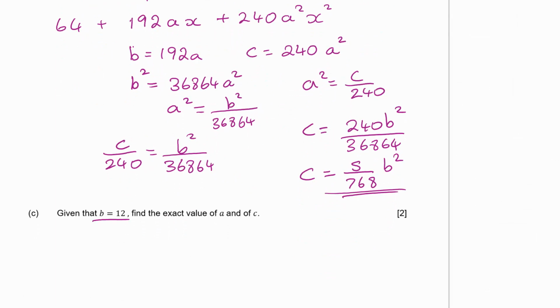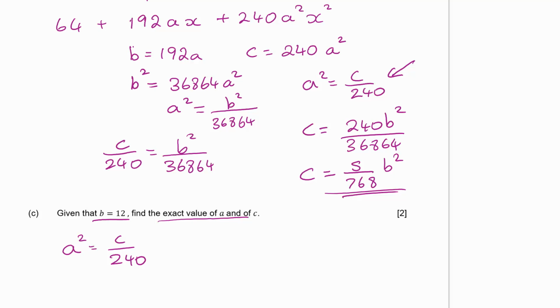So given that b is 12, find the exact value of a and c. So we know that a squared is equal to c divided by 240, just from here.